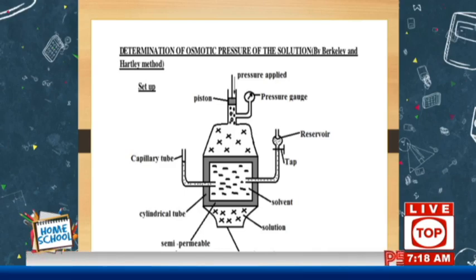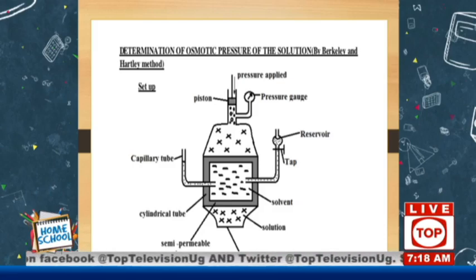The pressure balancing the movement of solvent molecules is what we call the osmotic pressure, because we have said that osmotic pressure is the pressure used to block the movement of solvent molecules from a region of low concentration of the solute to a region of high concentration of the solute. Note my words very well.